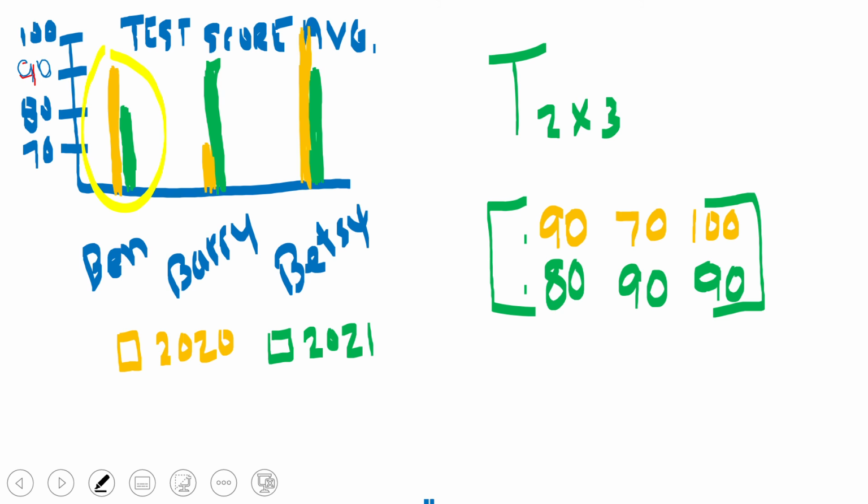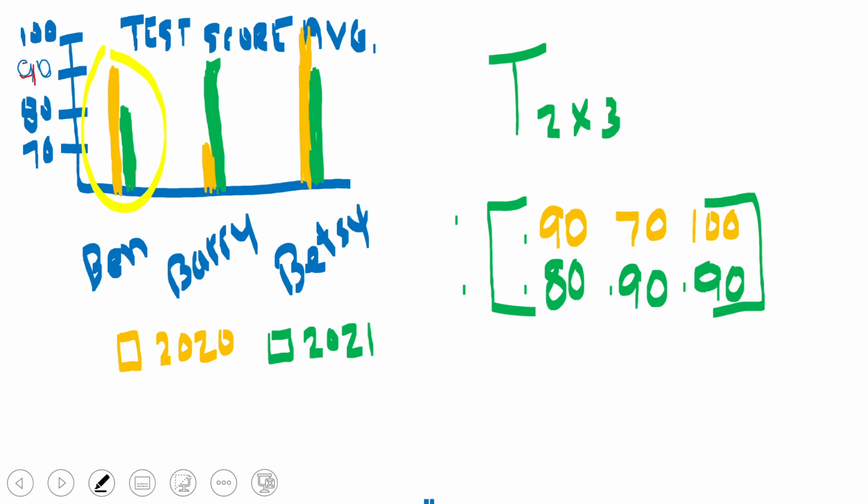Barry had a 70 and a 90. And Betsy had a 100 and a 90 in the years 2020 and 2021. That creates a 2 by 3 matrix where the elements are actually the test scores, the rows are the years, and the columns are the students.